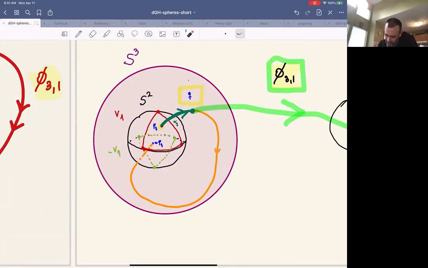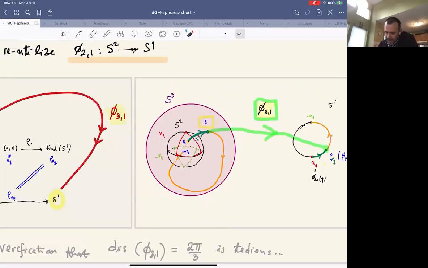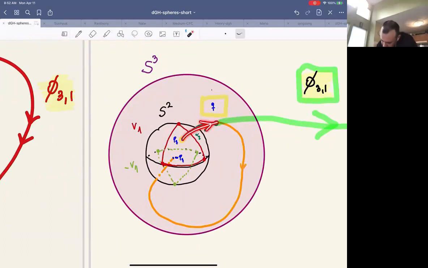We assign to this point Q two things: a point P sub Q on S2, and a value alpha Q that tells me how much I have to travel from P sub Q, as a subset of S3, to obtain the point Q. What's happening underneath is that we really have one of the rotations that appears when you try to express the Hopf map in coordinates. So alpha Q is really a parameter in that rotation. You rotate this point P sub Q on the equator of S3 until you reach Q.